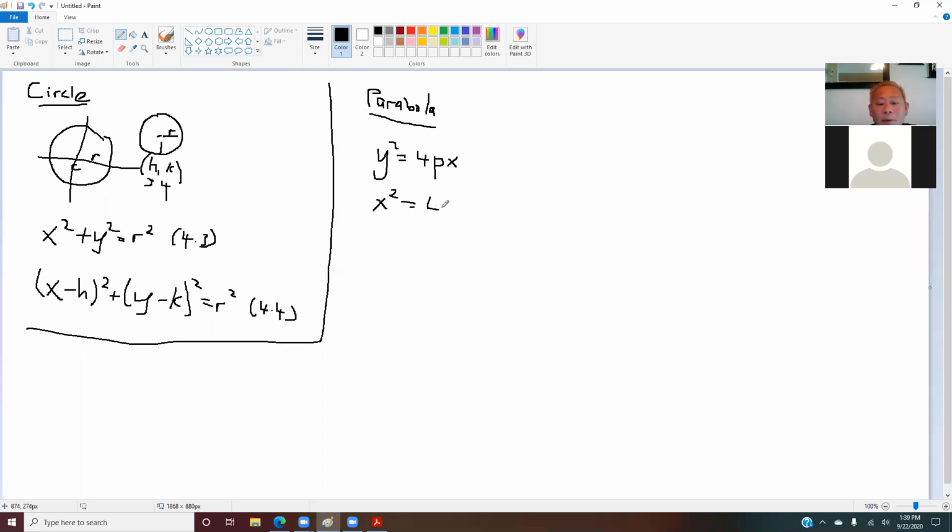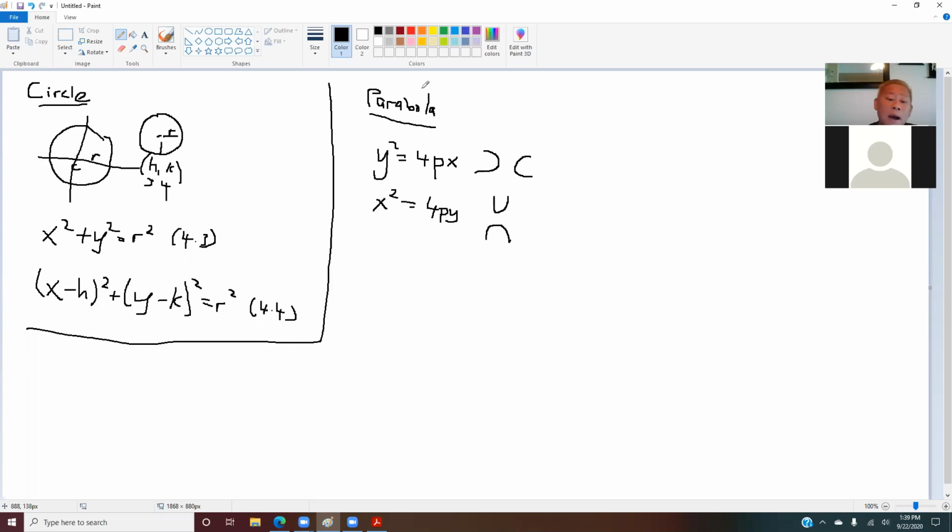This is how you figure out that this is a parabola: the squaring only belongs to one of these variables. If you have y squared, the parabola opens sideways. If you have an x squared, then the parabola opens up or down.